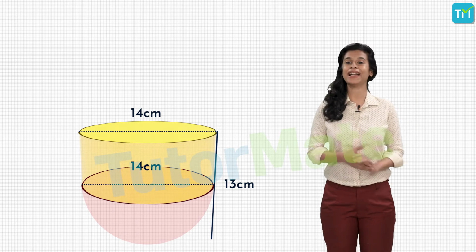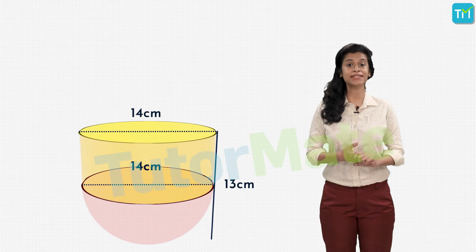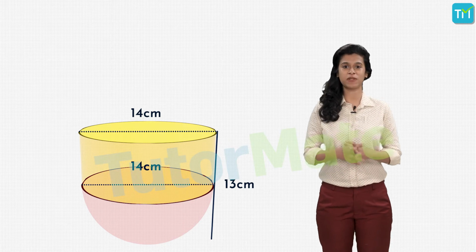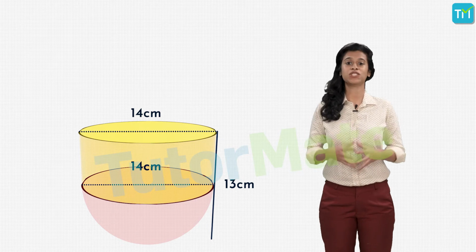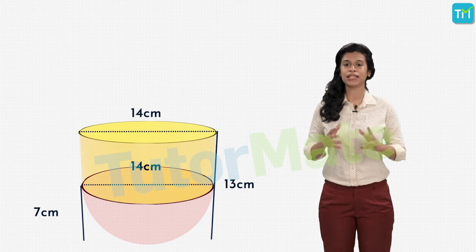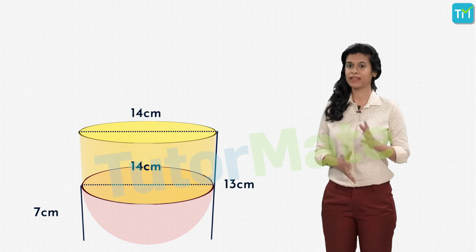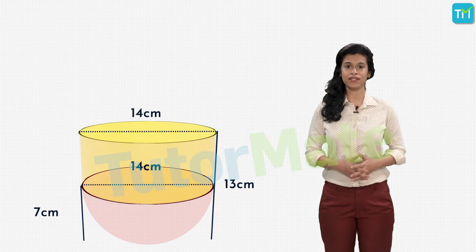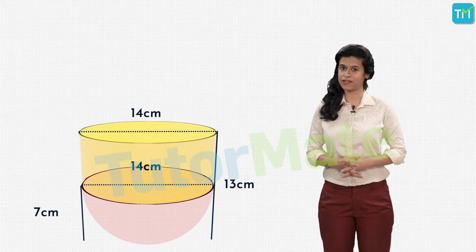Of course, the height of the hemisphere is the same as its radius, correct? So, we get the height of the hemisphere as 7 centimeters, which gives us the height of the cylinder as the total height minus the height of the hemisphere, that is 13 minus 7, which is equal to 6 centimeters.